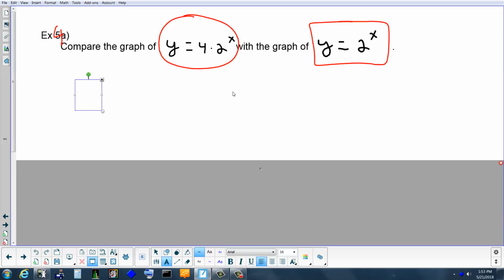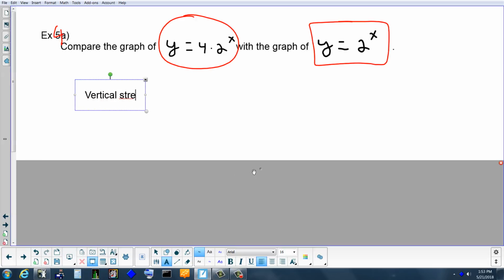So, what should our sentence start with? Guys, on your notes, where it says written like, that's basically the answer. Look at your notes. Vertical stretch.